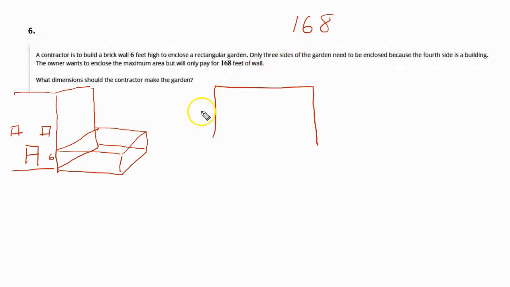So we know, let's say that this wall is going to be x, and this wall is going to be x. That's the dimensions of the width in a sense. Well, what would be the dimensions of this length? Well, it's going to be 168 minus the 2 x's we have on the side.